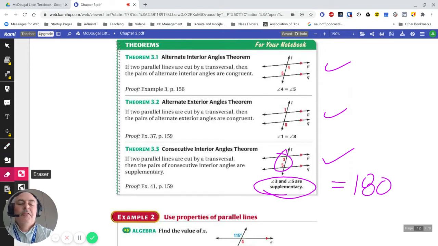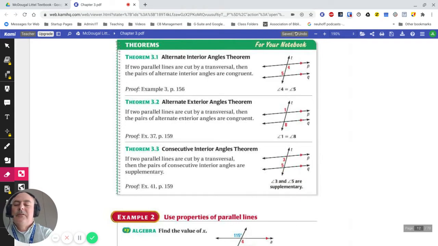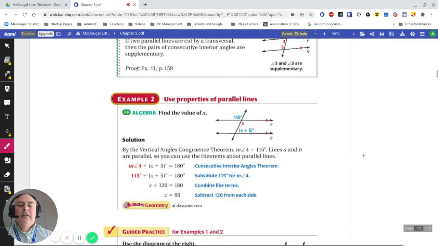So it's really important to remember what the relationships are between the types of angles and their measurements when I have, again, two parallel lines and a transversal.